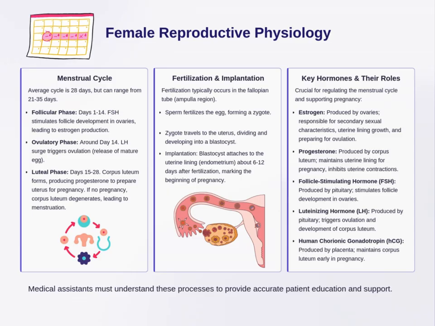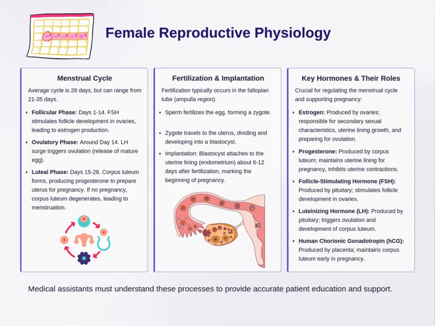I'm going to try to explain this separately and put them together if I can. So your menstrual cycle, the average cycle is about 28 days. You do need to know that for testing purposes. So, average cycle. And because that's an average, that does mean that some women may have a cycle of 21 days and some may have a cycle of 35 days or whatever, but the average is about 28 days.